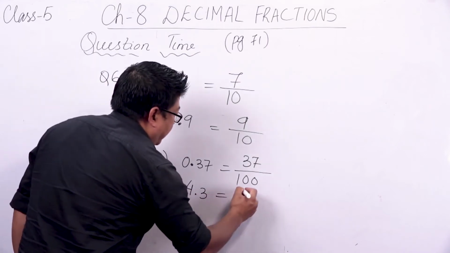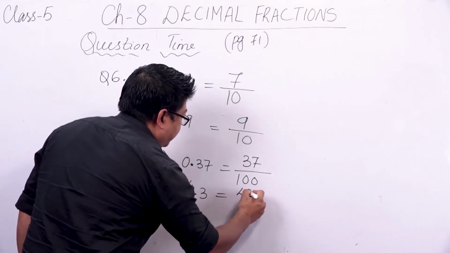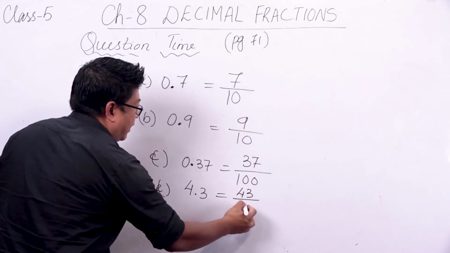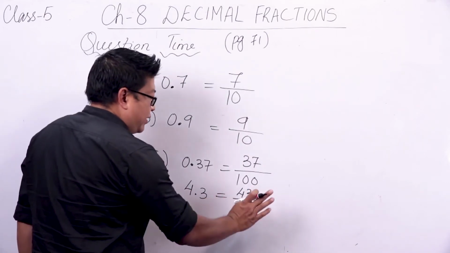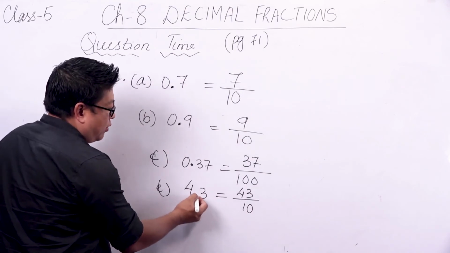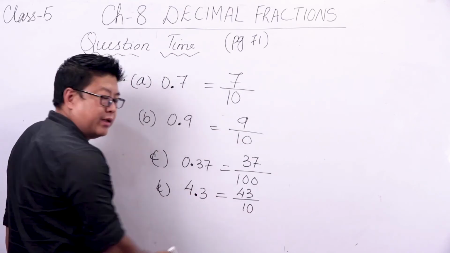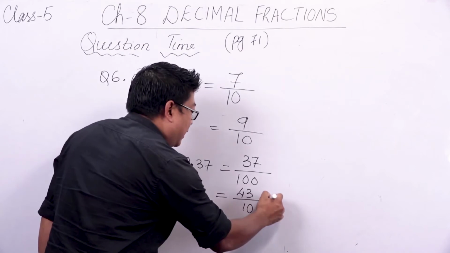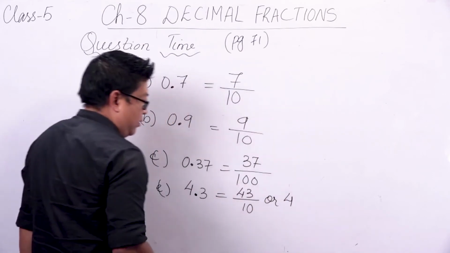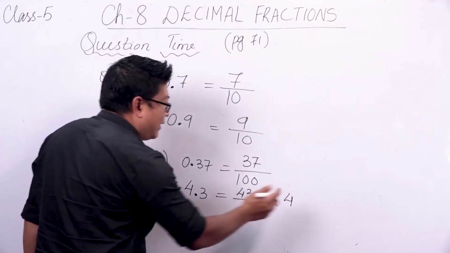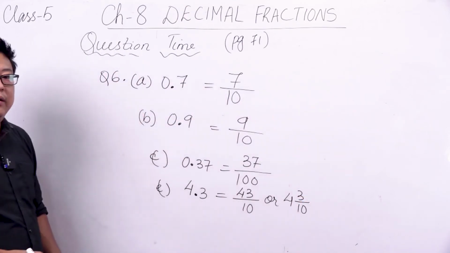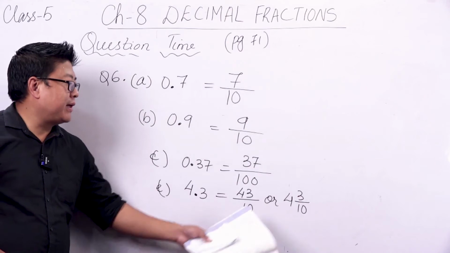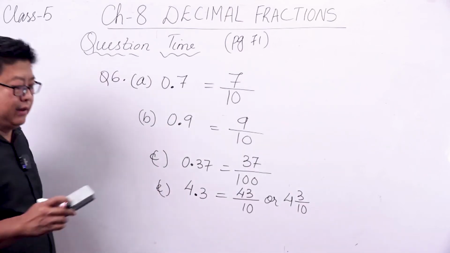I can write like this, 43 by 10. Because 43 already written, after point, only one place, so only 1, 0. Or this, you can also write 4 and 3 by 10. Okay, whichever you find easier. All right. So 43 by 10 or 4 and 3 by 10.